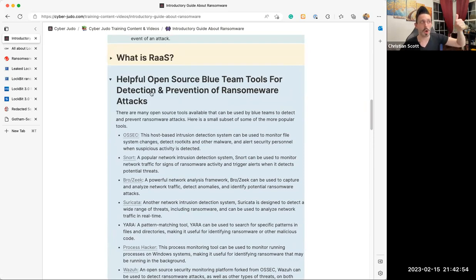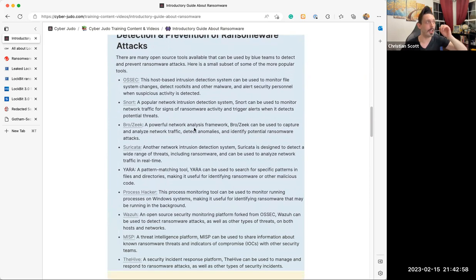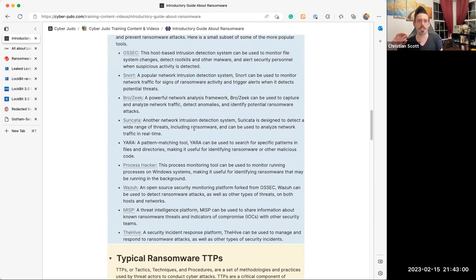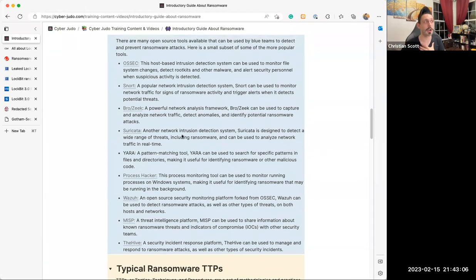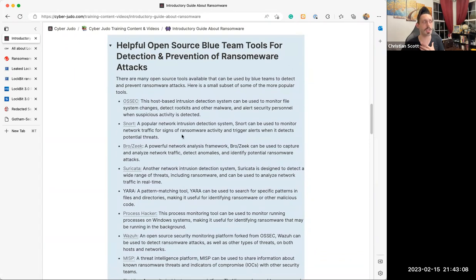helpful open source tools, OSSEC, pretty good, kind of classic, a host-based intrusion detection system / security information event management solution. My particular favorite, by the way, is Wazuh. Wazuh is a fork of OSSEC with a little bit more added onto it, like osquery and a couple other modules.